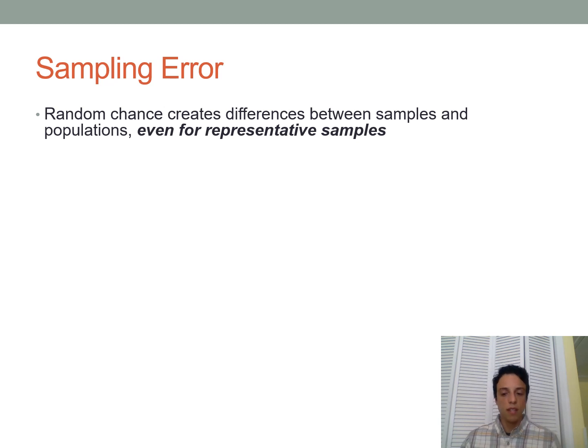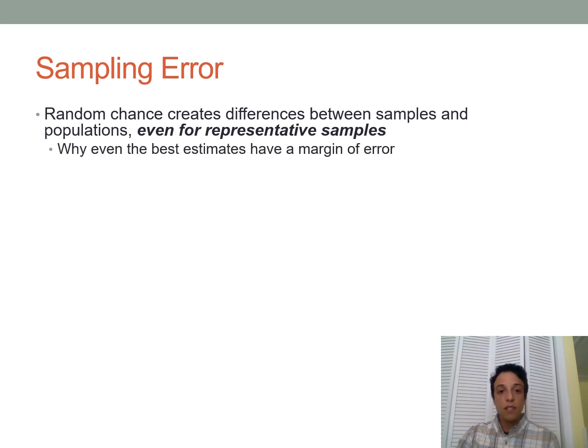And we call that sampling error. And this is why even the best estimates, even the best polls, have a margin of error, because you can never expect your sample to match your population exactly. You have to take into account the fact that once you start recording outcomes, you're dealing with probability, so things could always happen that are unlikely.